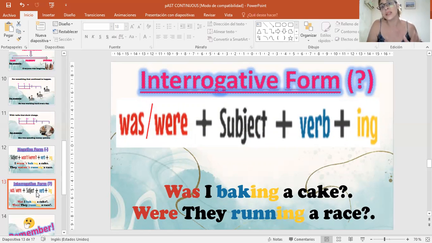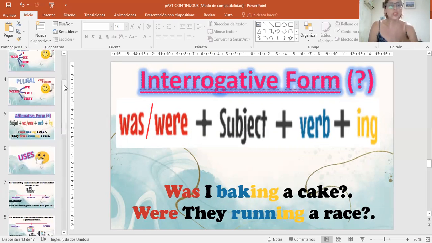In the case of the interrogative form, I'm going to start with was or were, depending if it's singular or plural, plus the subject, plus the main verb of the sentence, attached with the ing form to this main verb. For example, using the same examples I used before, was I baking a cake, or were they running a race?